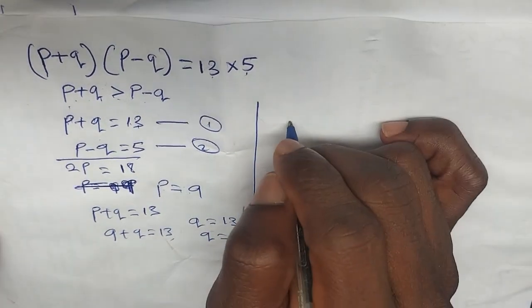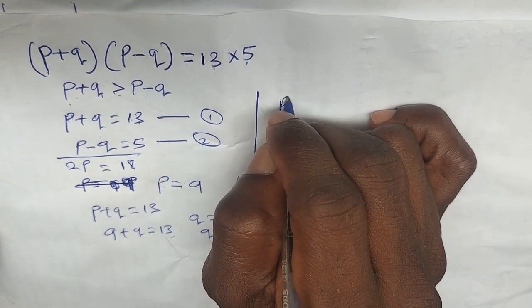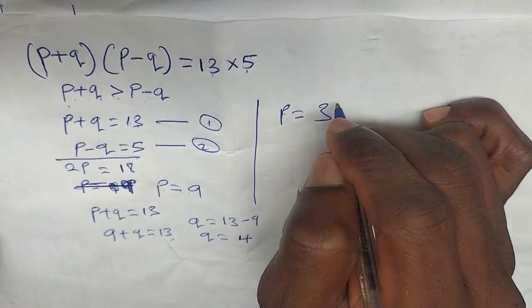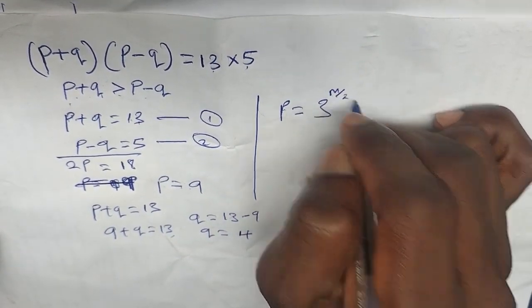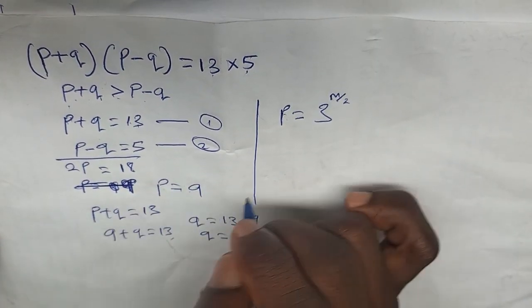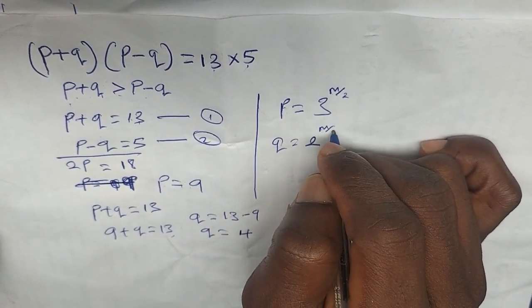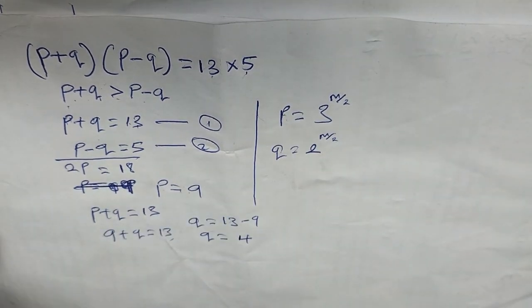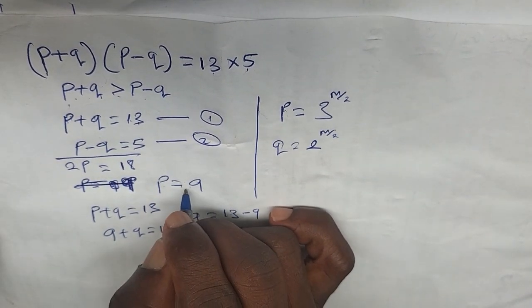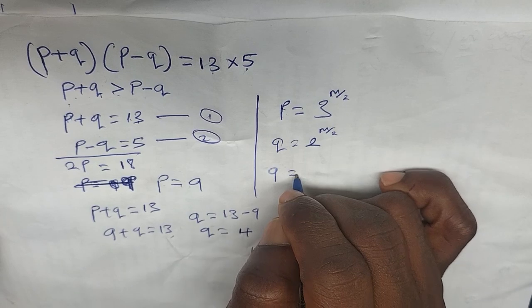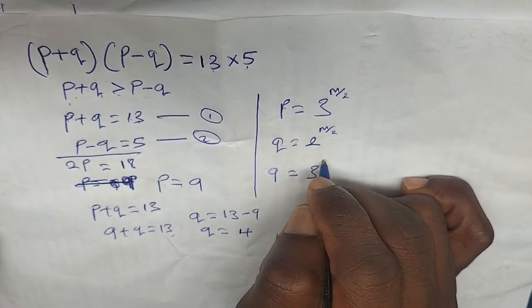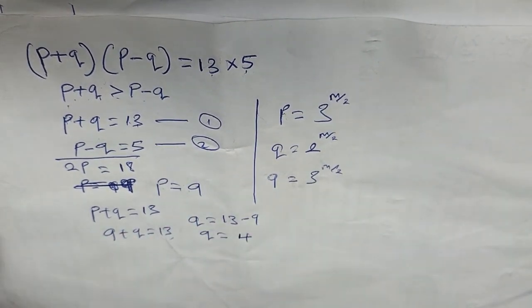So therefore my p is equal to 9, my q is equal to 4. Recall we said we took our p to be equal to 3 to the power of m over 2, and our q is equal to 2 to the power of m over 2. Recall our p is 9, so we can say 9 is equal to 3 to the power of m over 2.